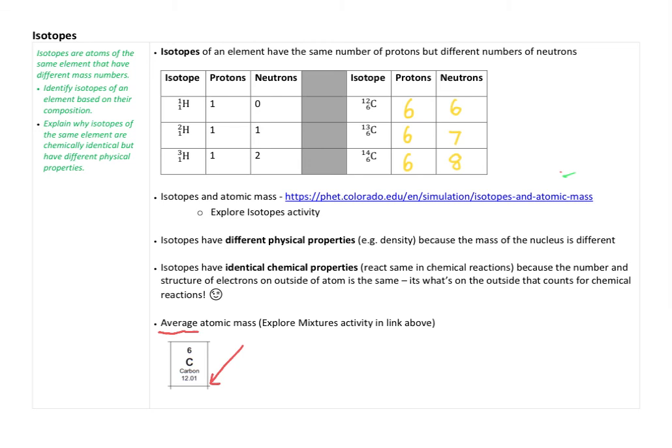Essentially, and this is an approximation, if you've got a normal sample of carbon, roughly 99% of it will be what we call carbon 12, so it'll have 6 protons and 6 neutrons, and you'll have about 1% carbon 13. So if you average those two out, the weight won't be exactly 12. It'll be just a little bit over 12 because there's some carbon 13 in there that's a little bit heavier.